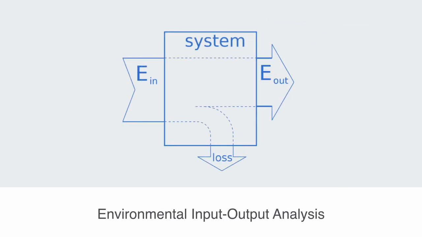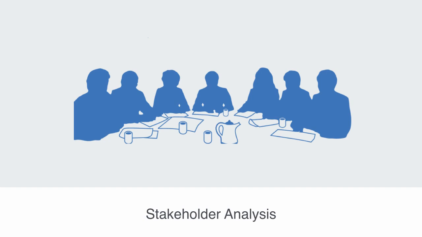Environmental input-output analysis is another method used in environmental accounting as a means for evaluating the linkages between economic consumption activities and environmental impacts, including the harvest and degradation of natural resources. As such, it is becoming an important addition to material flows accounting. Likewise, on a social level, stakeholder analysis is a primary tool used in the field for identifying the many parties that may have a stake within a particular project or industry.